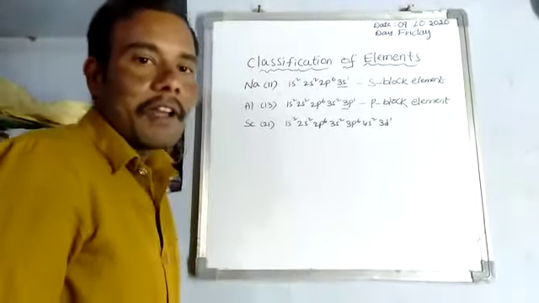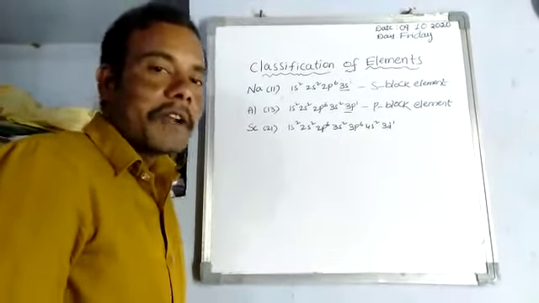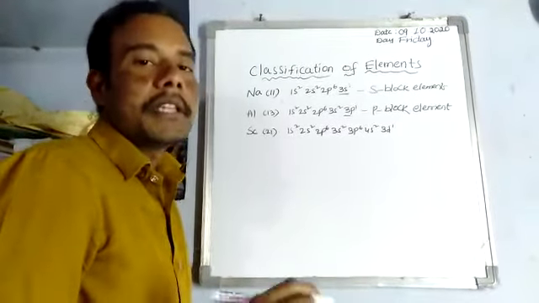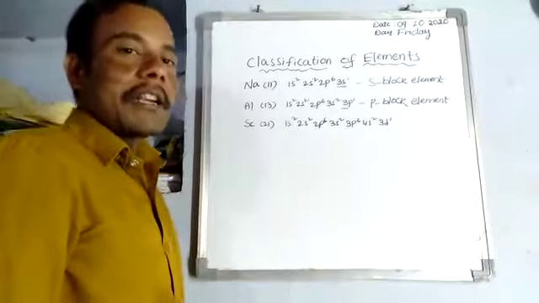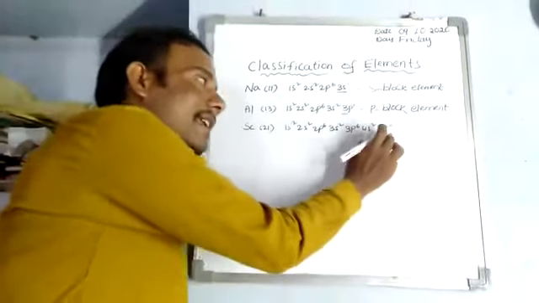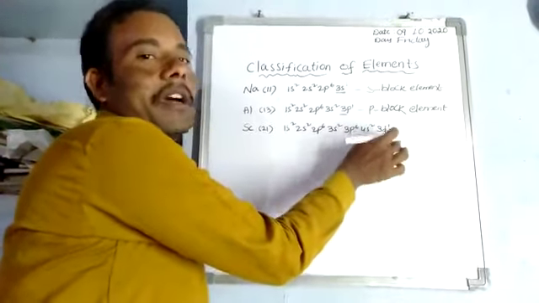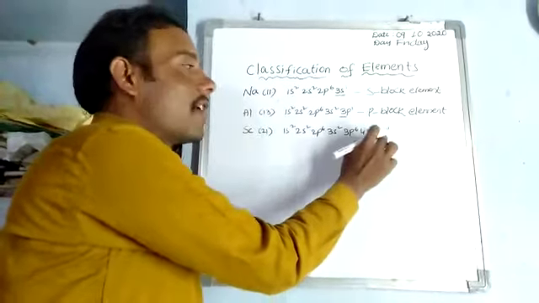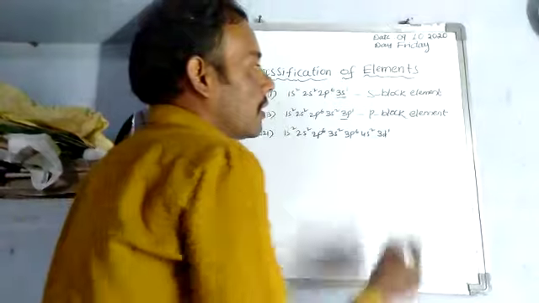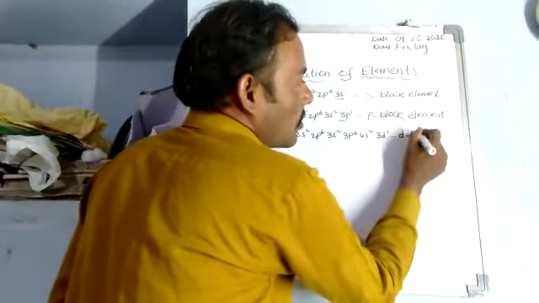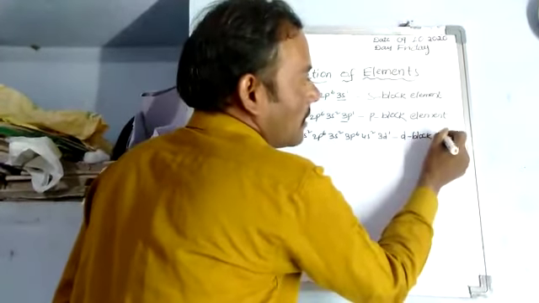Atomic number is 21. The electronic configuration is 1s2, 2s2, 2p6, 3s2, 3p6, 4s2, 3d1. The differentiating electron or the last coming electron enters into the d orbital of the valency shell. So this belongs to d block element.